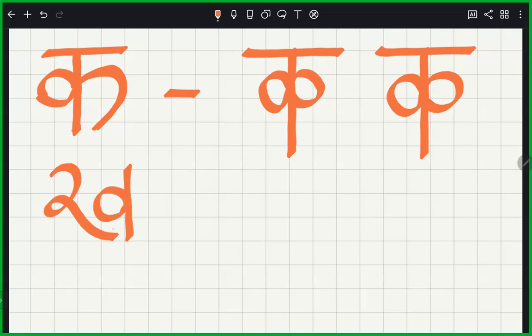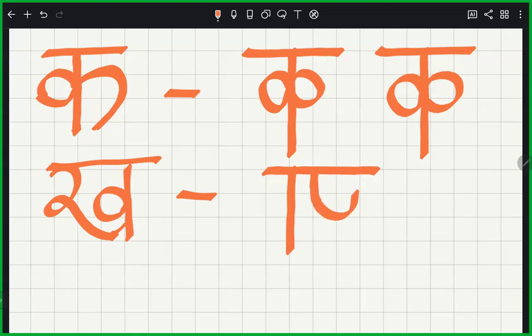Then next one we have is Kha. And this is a little different from what we have in Devanagari. From the Shirorekha, on the left hand side, just one vertical stroke like this. Then leave a little gap in between, and then this Devanagari 'pa' like figure.